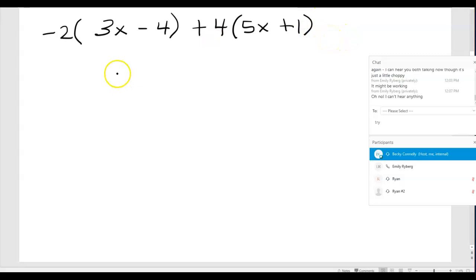Do you want to read it back to me and see if you got that? Oh, sorry, I should have said, the 3x minus 4 end parenthesis, and then plus 4 parenthesis 5x plus 1 end parenthesis.